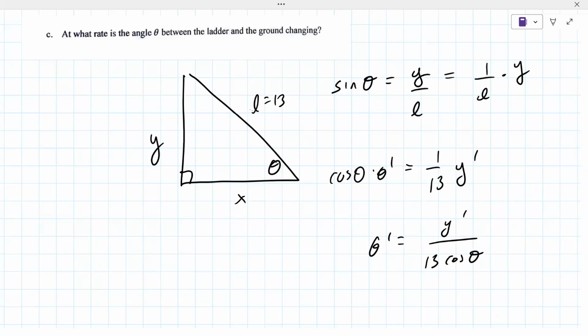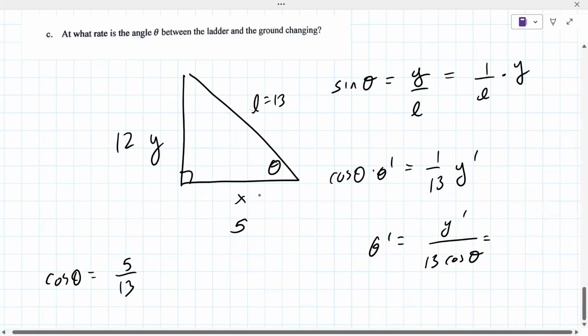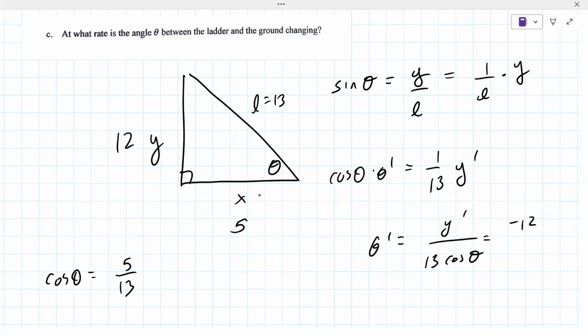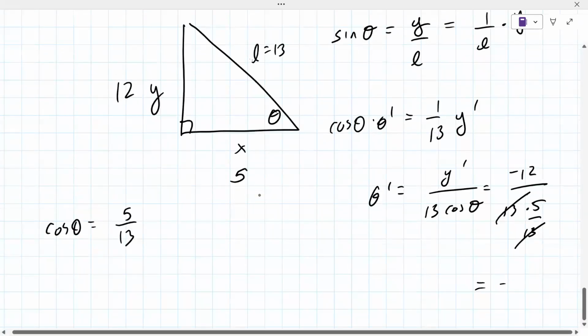We don't know the angle, so we have to calculate it. So cosine of theta is 5 over 13. Actually, we do know y prime. Y prime is minus 12. 13 times 5 over 13 ends up being minus 12 over 5.